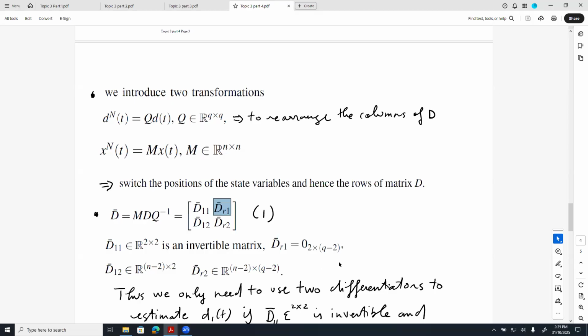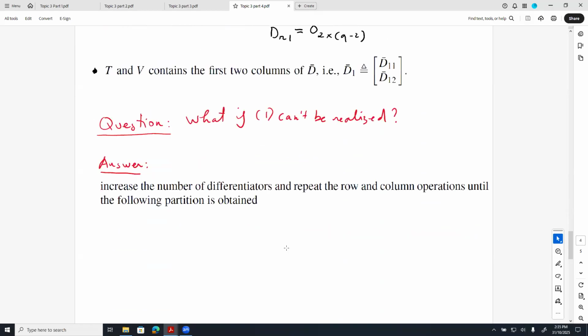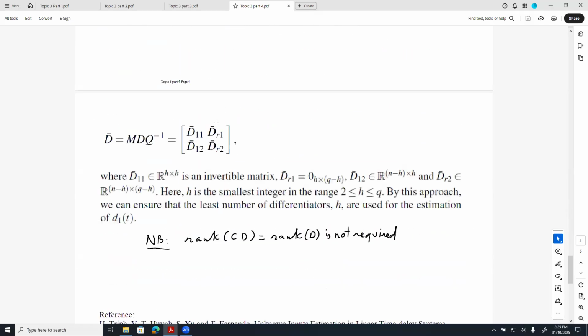And if two differentiators is not possible, we increase until it is possible. By doing this, we can ensure that we have the minimum number of output differentiators that we can use to design an asymptotic observer to estimate this targeted unknown input.